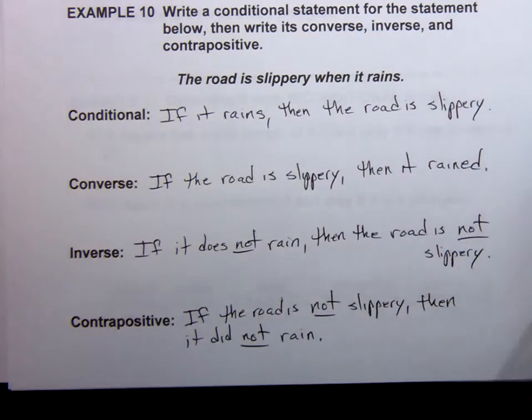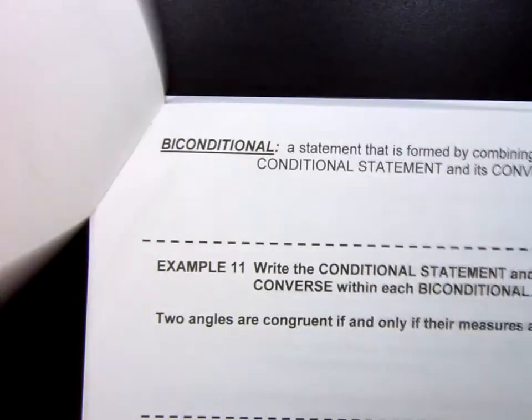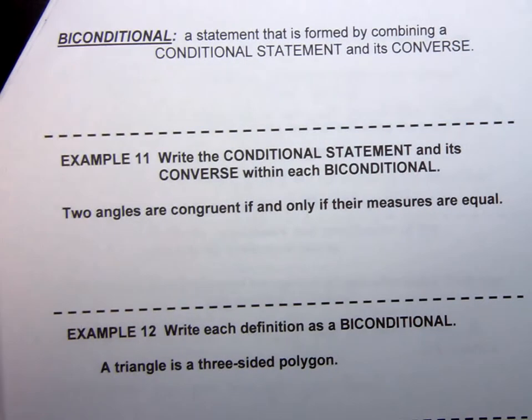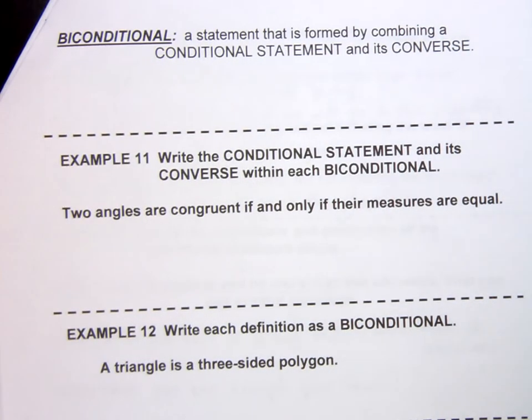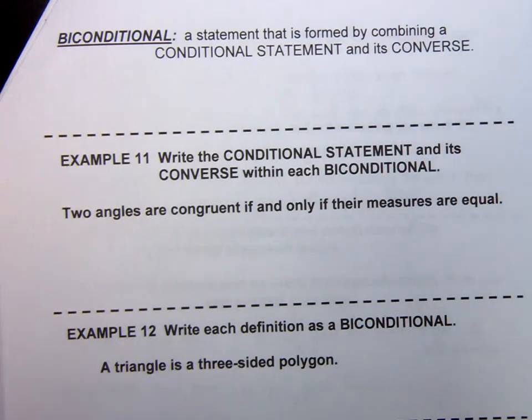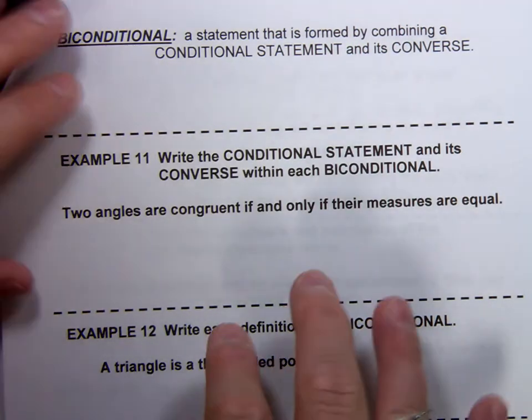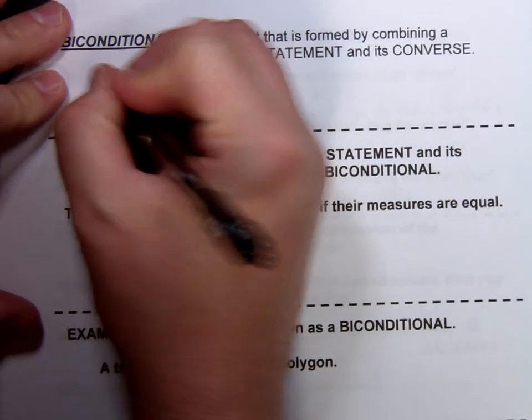All right, we got one more thing we got to go over, and that is biconditional statements. Okay, a biconditional statement is a statement that is formed by combining a conditional statement and its converse. And you will see biconditional statements written this way.